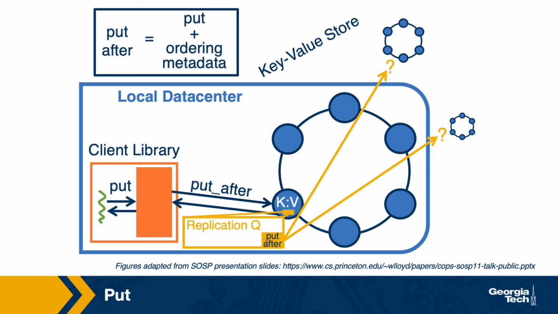So although from the perspective of the client application this put may look similar, the actual client library in the COPS model is going to issue a put after operation that is going to provide all the metadata about the dependencies that this put operation has with other values that may have been read previously by this client. The local key value store is going to log this data, and it can communicate this information during replication.